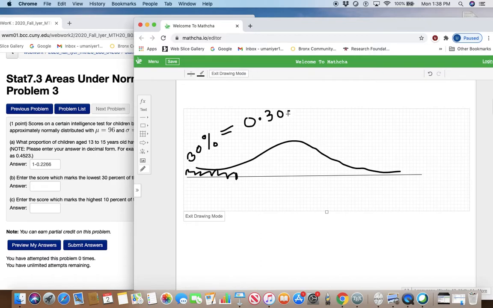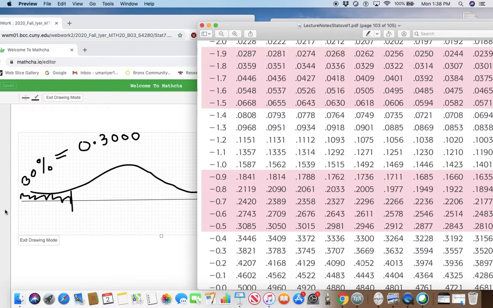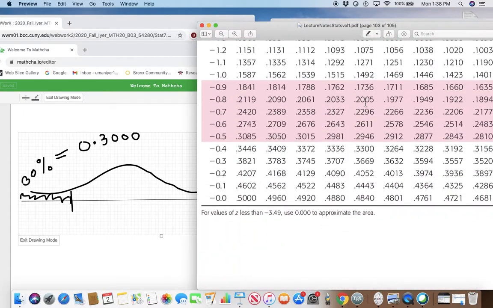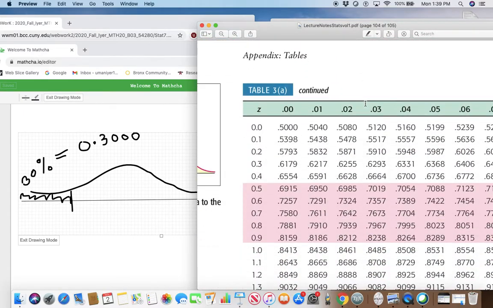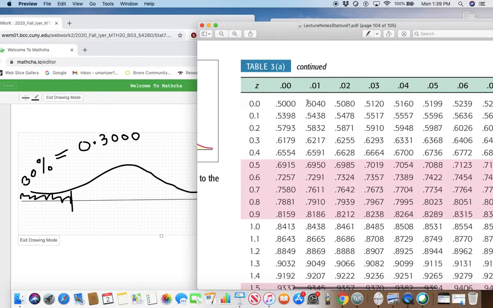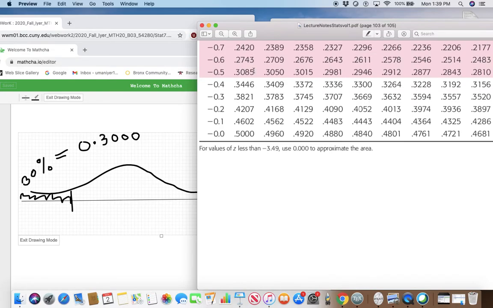Okay, so I want area 0.3000, and that number I need to find first. So I'm looking for, pretend there are no decimals, 3000, right? So 3000 is here. So it's positive. 5000 is here. 3000 should be somewhere here.